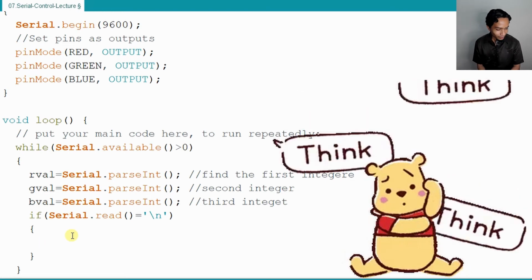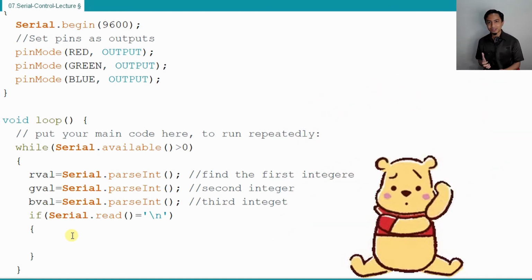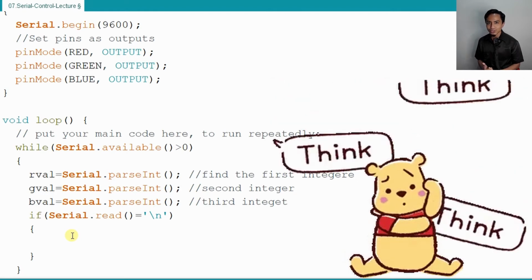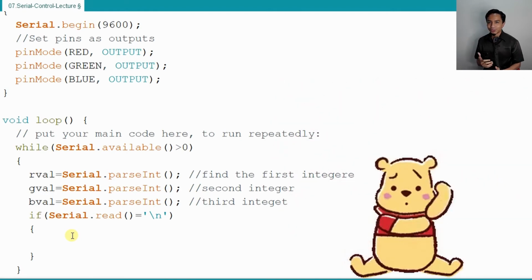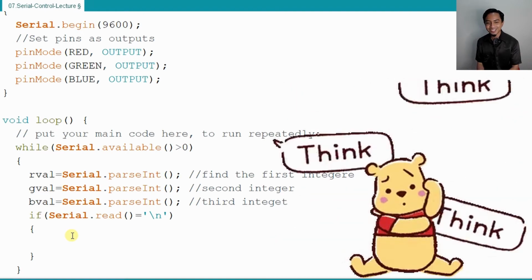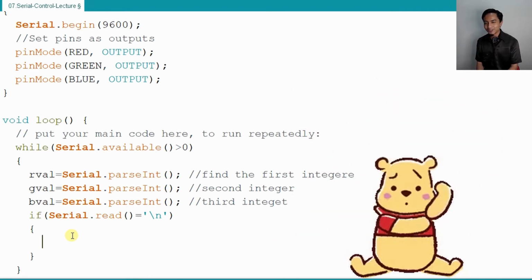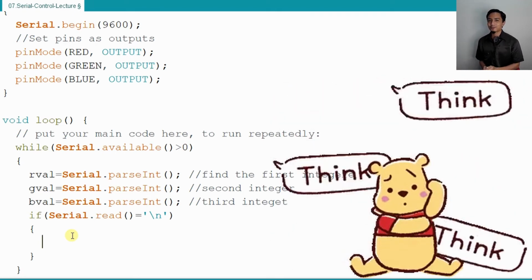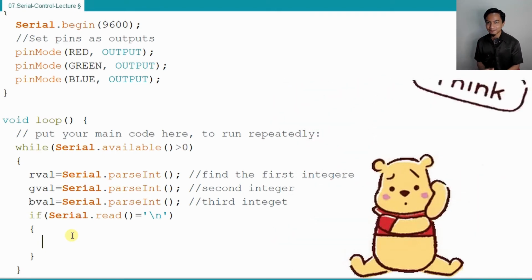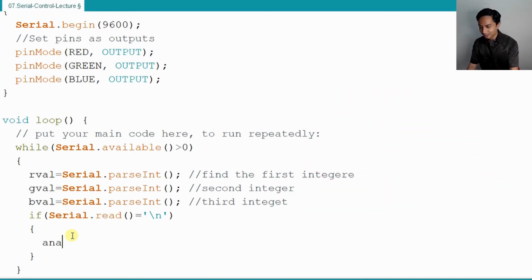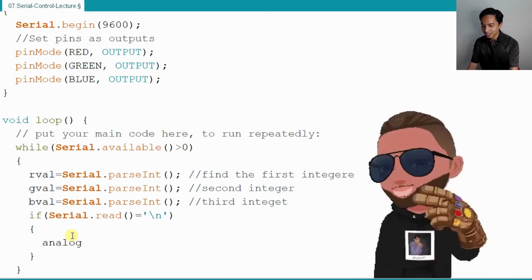We want to turn on the LED by using the PWM value, meaning that we will use what? Again, you can pause this video if you want. If you don't have an idea, we will not use digitalWrite, but we will use analogWrite.